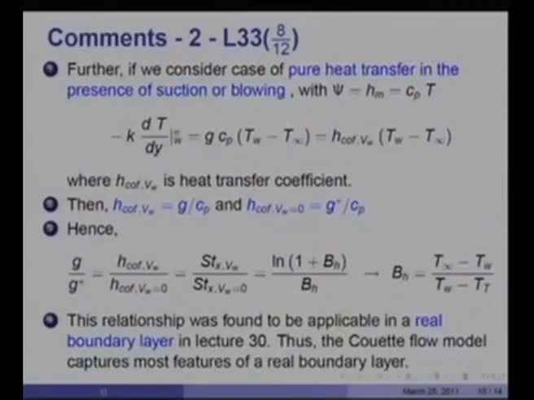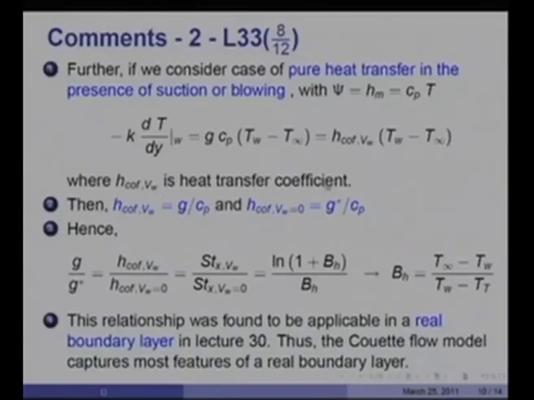Its temperature may be the same or different, that does not matter, but we would get minus k dt dy equal to 0, which is the heat flux, and that would equal g times Cp into Tw minus T infinity according to our model, and that would equal the heat transfer coefficient for suction and blowing into Tw minus T infinity.